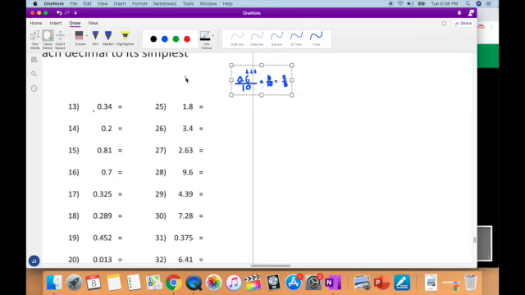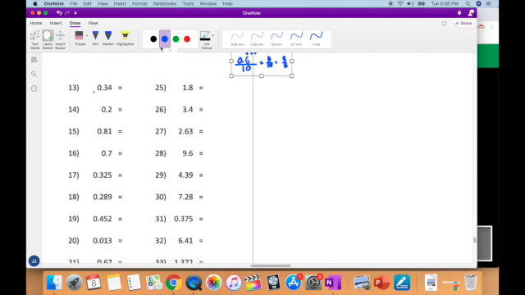Let's try another one. Let's try this one here, 0.325. Caitlin, what's the answer for this one? You are the only one who submitted an answer.